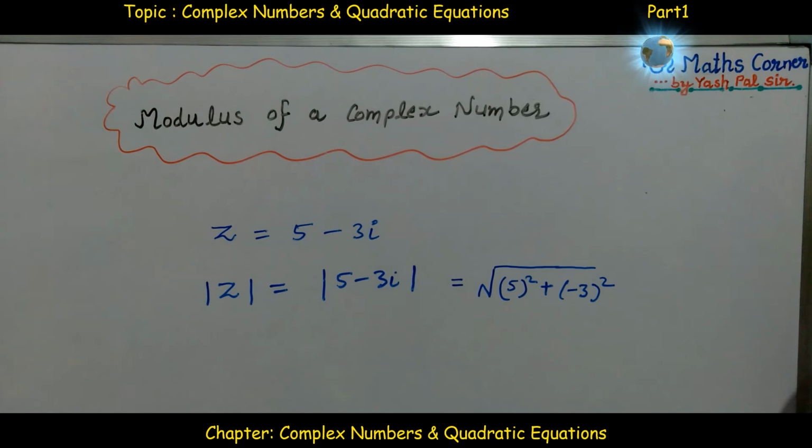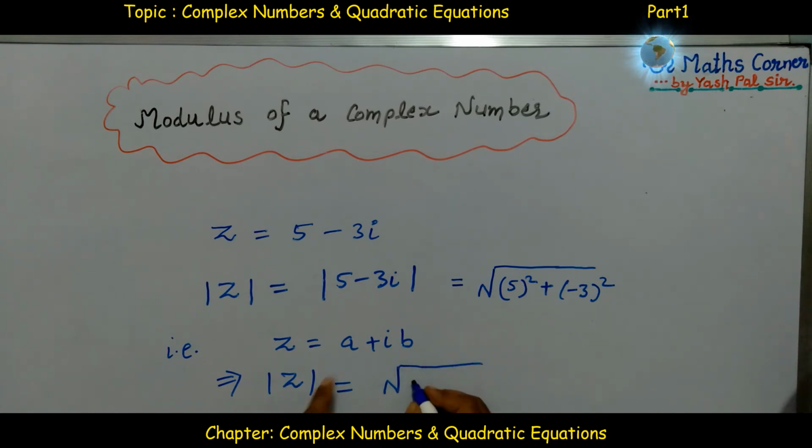That is what we say: if z is equal to a plus iota b, then the modulus of this complex number is equal to the square root of the square of the real part plus the square of the imaginary part.